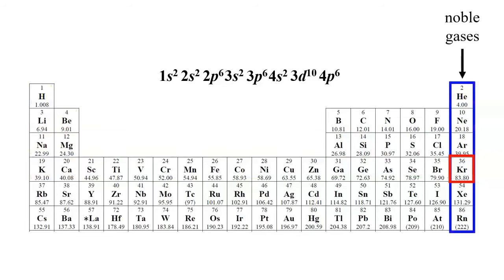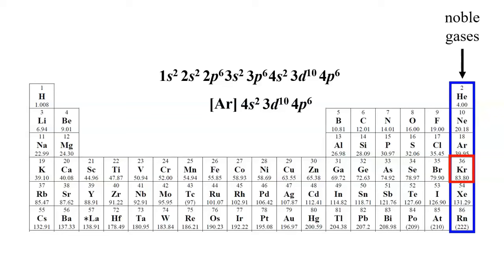So let's go to the noble gas that's at the end of period 3. So not krypton, but rather argon. Argon in brackets is an abbreviation for the first 18 electrons of that electron configuration. So Ar in brackets is an abbreviation for 1s2, 2s2, 2p6, 3s2, 3p6. So all we have to do now is write the rest of the electron configuration, which would be 4s2, 3d10, 4p6.